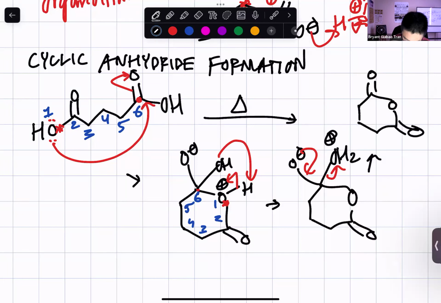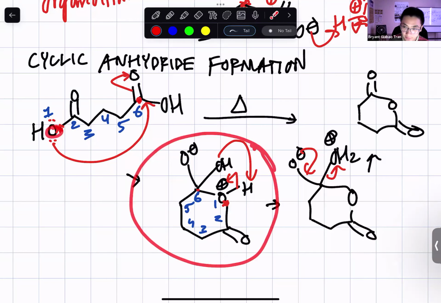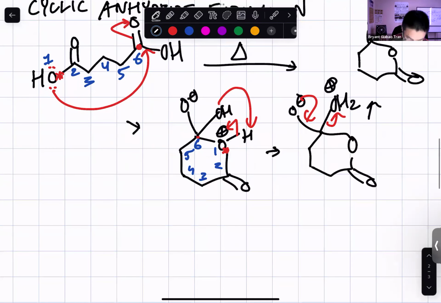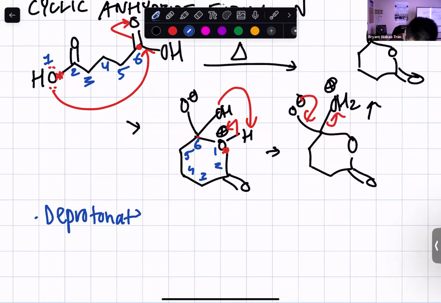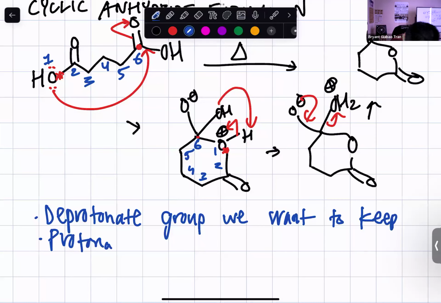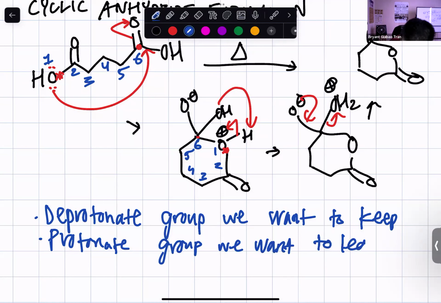Right. So we attacked this carbonyl with this oxygen, giving us this tetrahedral intermediate. And then at the tetrahedral intermediate, we do the proton transfer step where we are going to deprotonate the group we want to keep and protonate the group we want to kick out or leave, right?